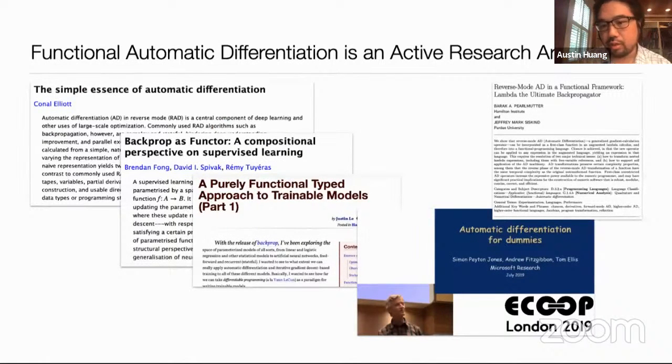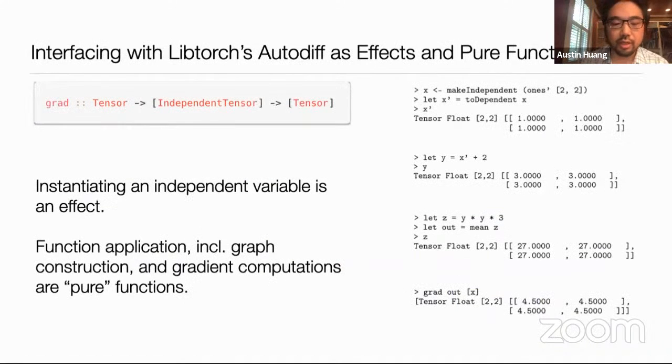But with the release of libtorch, there was a simple option that we've implemented that can provide a pretty simple interface to automatic differentiation. And this is a bit of a luxury we have because there's already an underlying implementation of automatic differentiation in the C++ library.